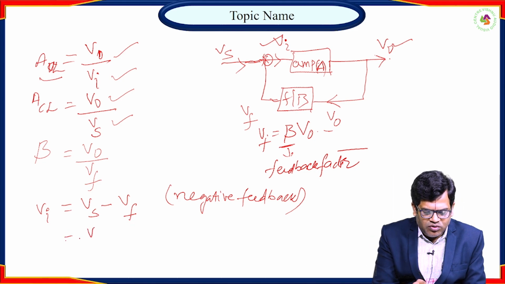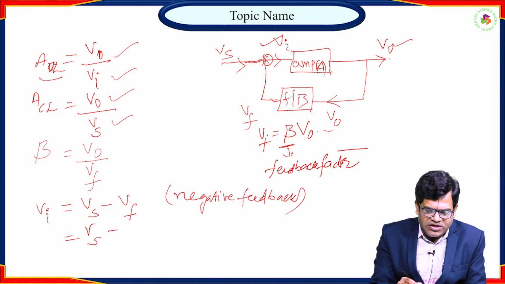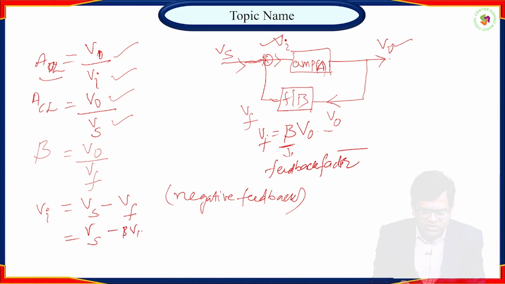So this is equal to Vs minus Vf, which is beta times V naught. So Vs minus beta times V naught, and from the first equation, V naught is AOL into Vi.